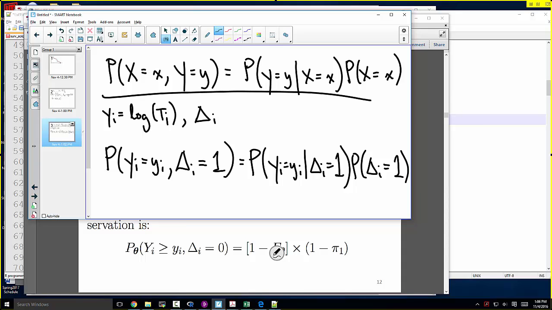And we're going to use notation to replace that marginal probability with something called pi1. So this turns into the probability that y is little y, given that delta is equal to 1, times what we'll call pi1. That's what's in the notes.